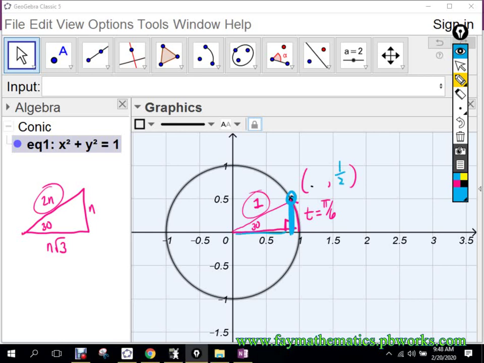Is this distance right here then 1/2 times radical 3? Which is the x-coordinate of that point right there, which if I rewrite that, is radical 3 over 2. Just real quick, just so we can make the connection easily, take your calculator and type in sine of 30 degrees.